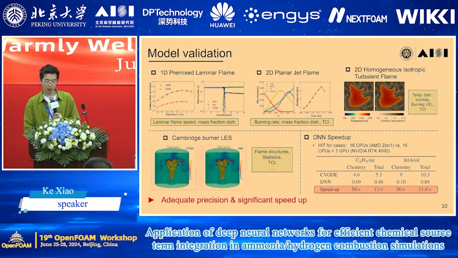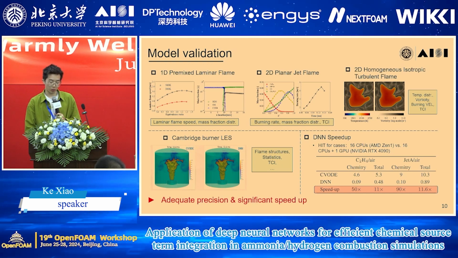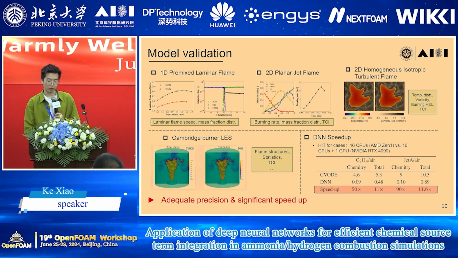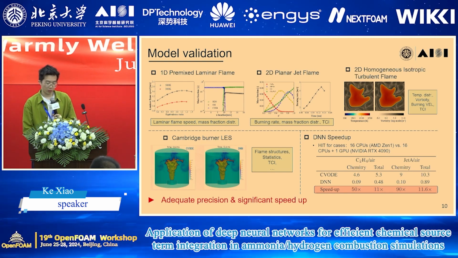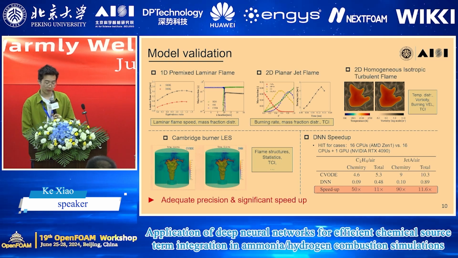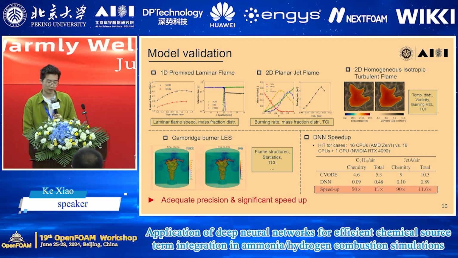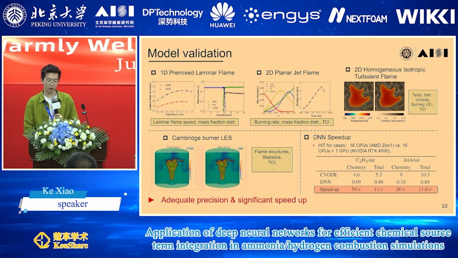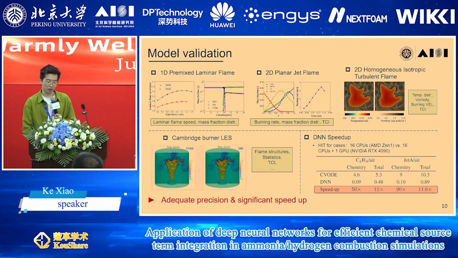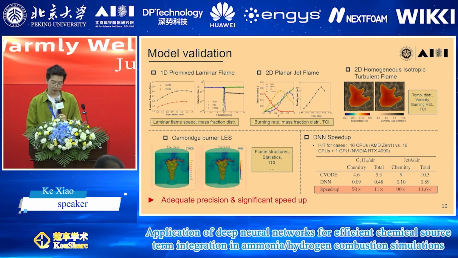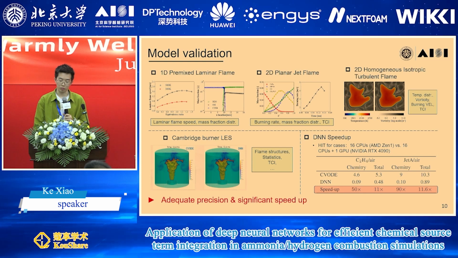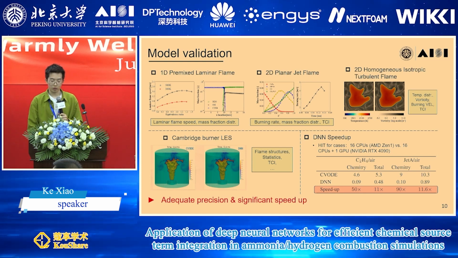We utilize various flame configurations to establish a standardized model validation procedure aside from single point tests. This includes priori tests like one-dimensional premixed laminar flames and two-dimensional counterflow diffusion flames, which we sampled from, and also posteriori tests such as two-dimensional planar jet flames and two-dimensional homogeneous isotropic turbulent flames.